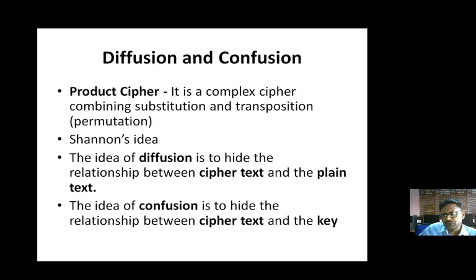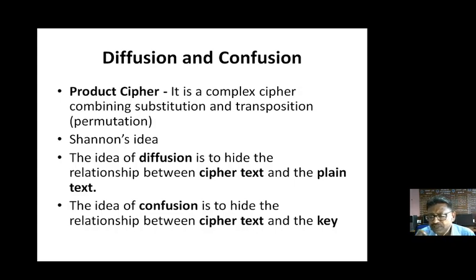Any attacker who is sitting in between will not be able to identify, because if there is a change in the plain text, one bit is being changed, then there are many bits in the ciphertext which are going to be changed. That idea is known as diffusion. But the idea of confusion is to hide the relationship between ciphertext and the key.